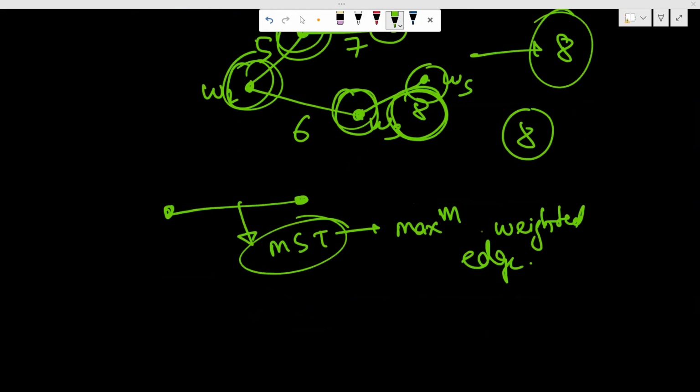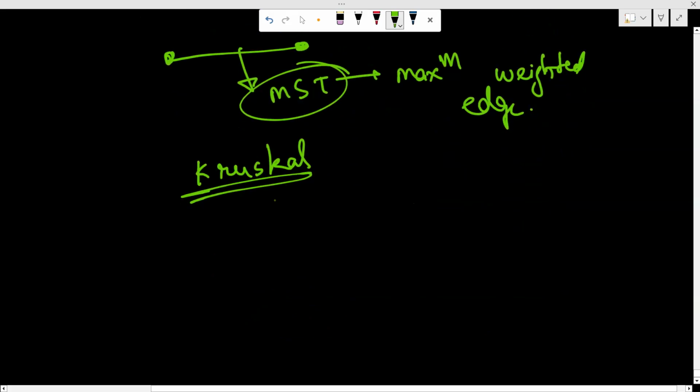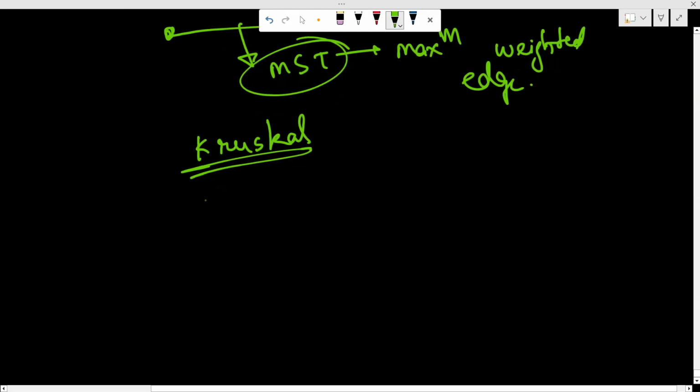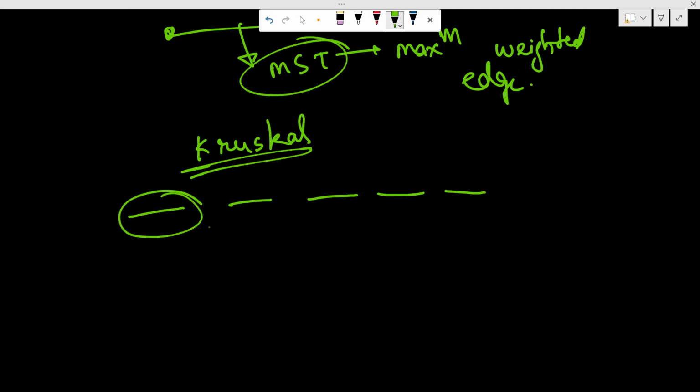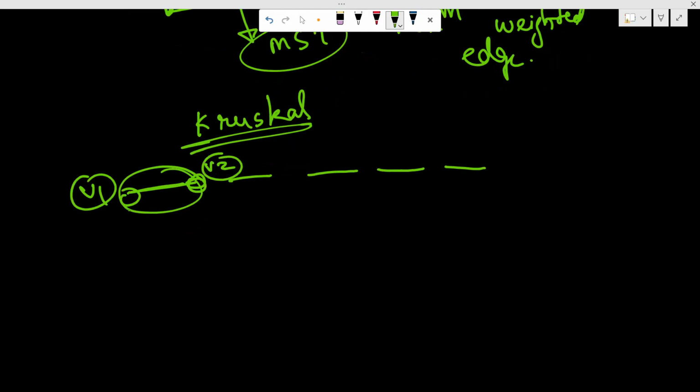So for MST, I personally used Kruskal's algorithm. So I am just explaining this algorithm in brief. What we do in Kruskal's algorithm is, we first of all sort all the edges on the basis of their weights. We start with the lowest weighted edge. If this edge has two vertices, let's suppose V1 and V2, we check whether these two vertices are already connected or not.